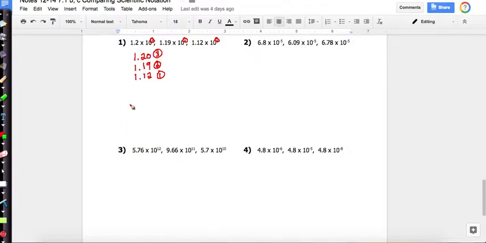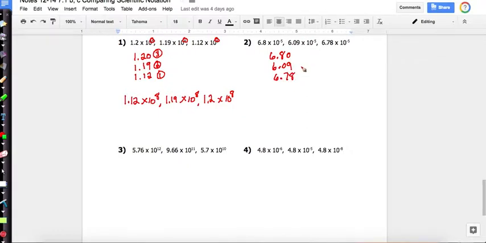So now don't forget to rewrite it in the correct order. So 1.1200 times 10 to the 8th. 1.1900 times 10 to the 8th. And 1.2 times 10 to the 8th. Okay, look at example number 2. Notice all the exponents are the same, so once again I'm going to line them up. So 6.8, 6.900, and I can go back and add a 0 here, and 6.7800.